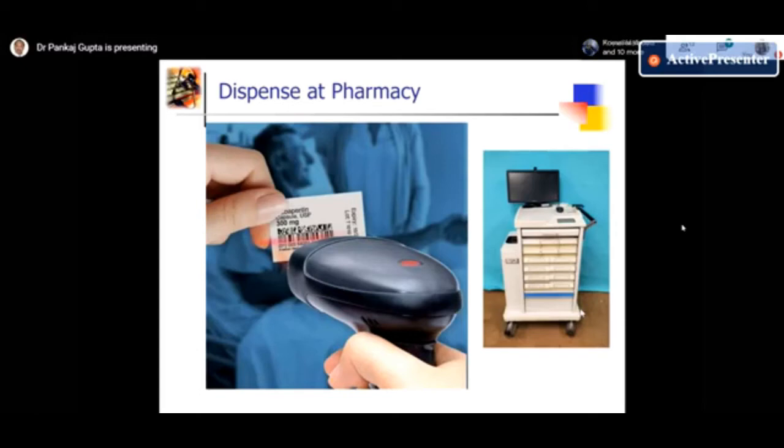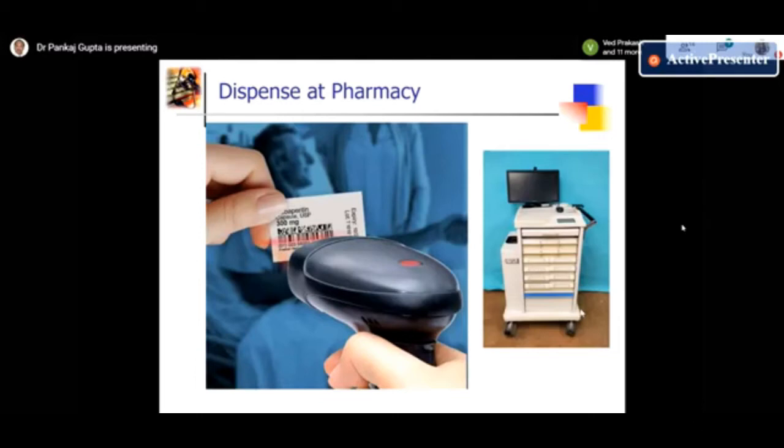There is a barcode scanner with the pharmacist. Once he scans it, the system records that the order given by the doctor is the order that has been dispensed. If there is any error, it will flag and beep, not allowed, not allowed.